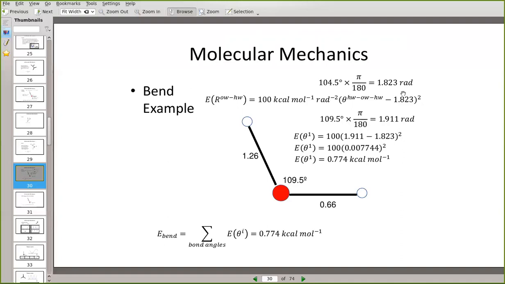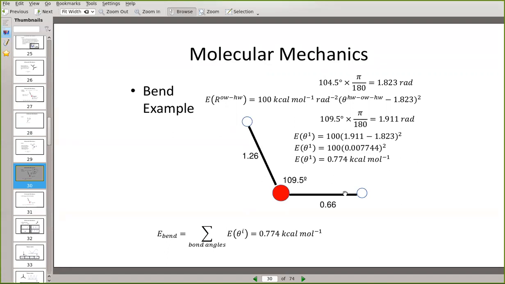Because it's not at equilibrium, we can calculate the cost of not having it at equilibrium. The constant is 100 kilocalories per mole per radian squared, and we can see the energy cost of not having that at its equilibrium bond angle is 0.774 kilocalories per mole. What could we do to lower the energy? We need to reduce this angle until it's exactly 1.823, and then this energy will go down to exactly 0.